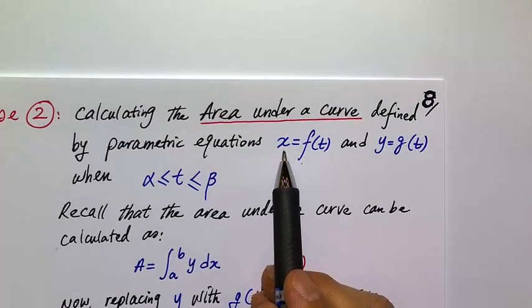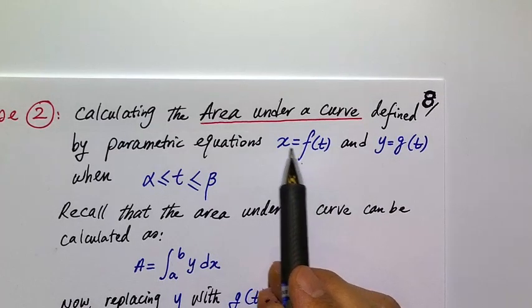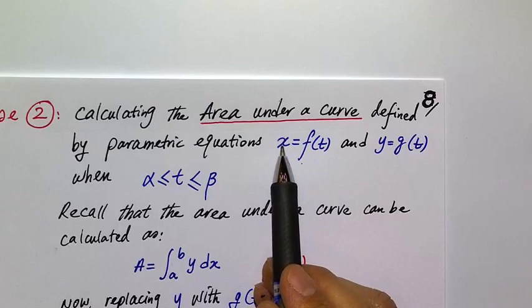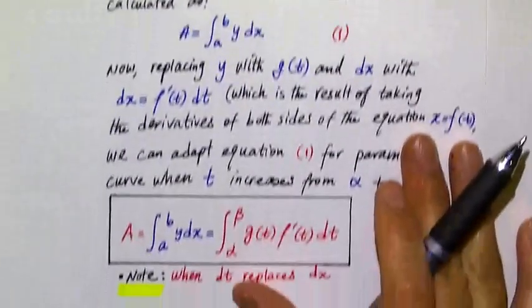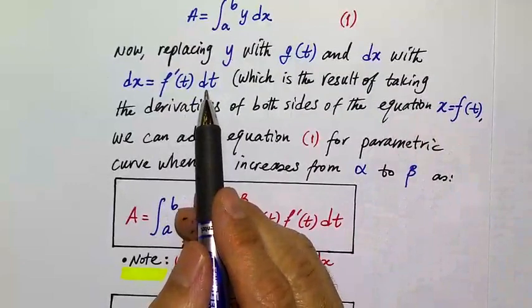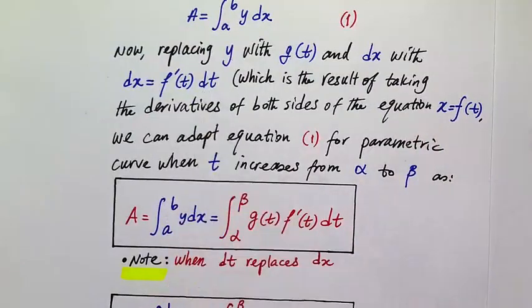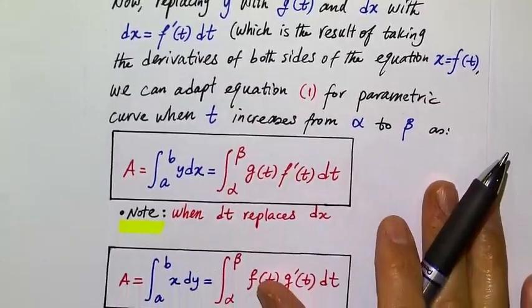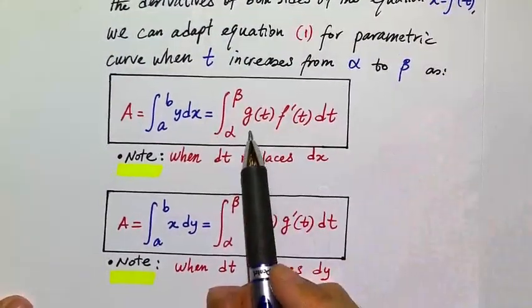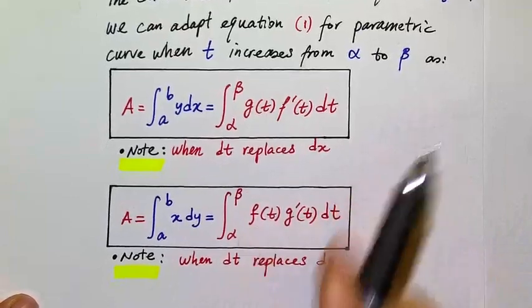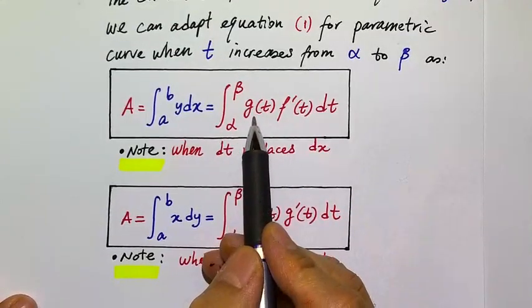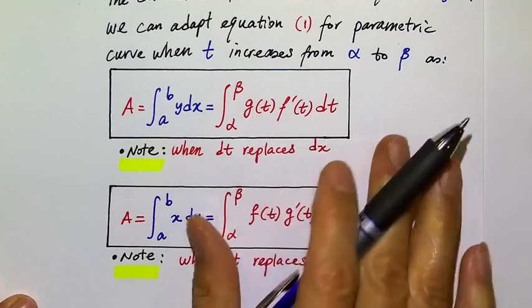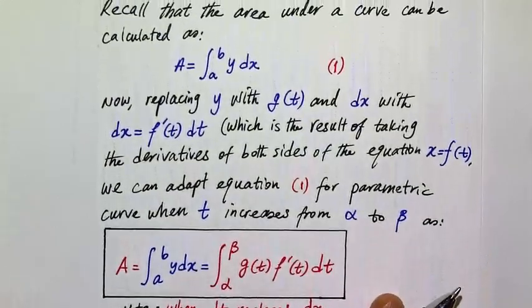For dx, we will replace it by the derivative of this parametric equation that represents x, in terms of the third variable t, or sometimes maybe theta. Then what we have is this formula, right? So g of t replaced y, right? Maybe I should, can I fit both on?